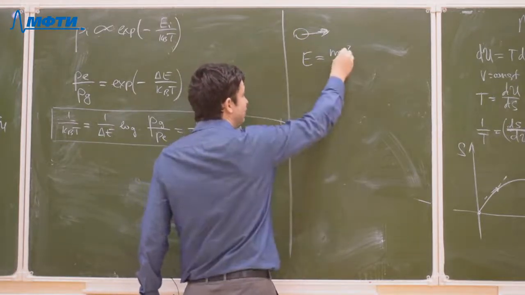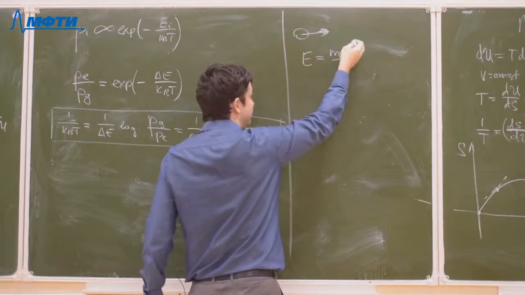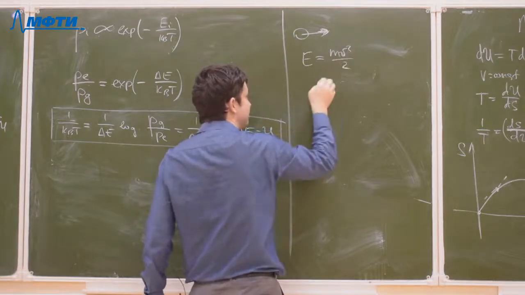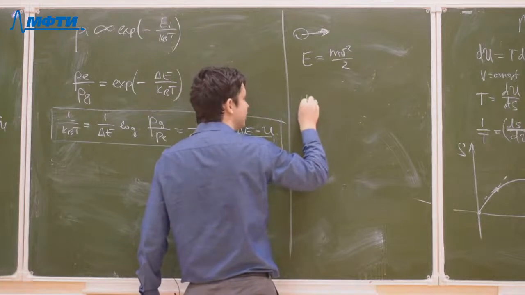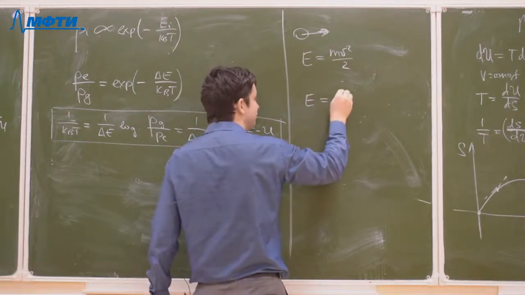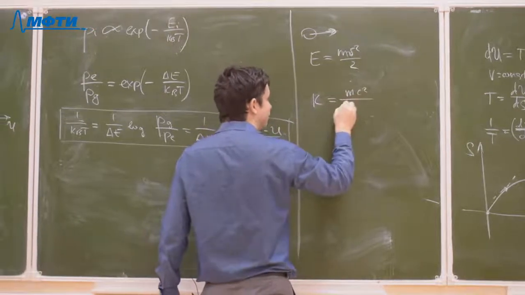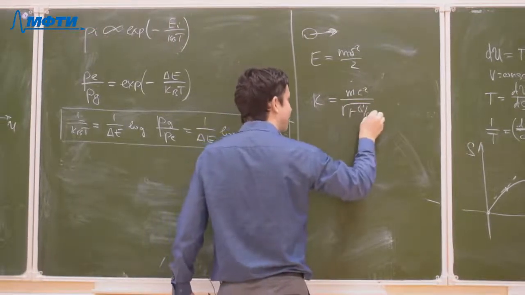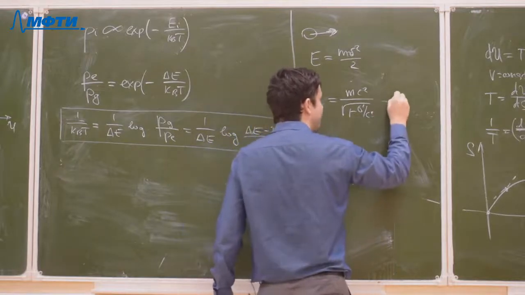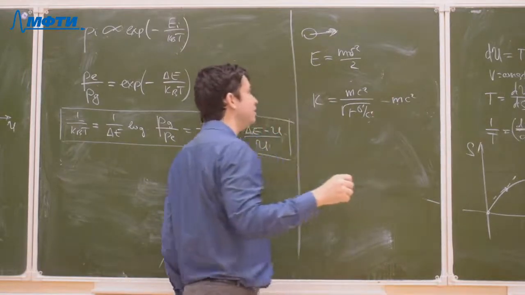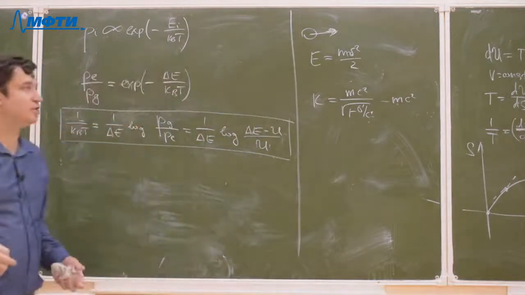When v goes to very high values and approaches the speed of light, then of course for the energy we need to use the relativistic formula for the kinetic energy. But the meaning is the same: the energy of translational motion is unlimited.